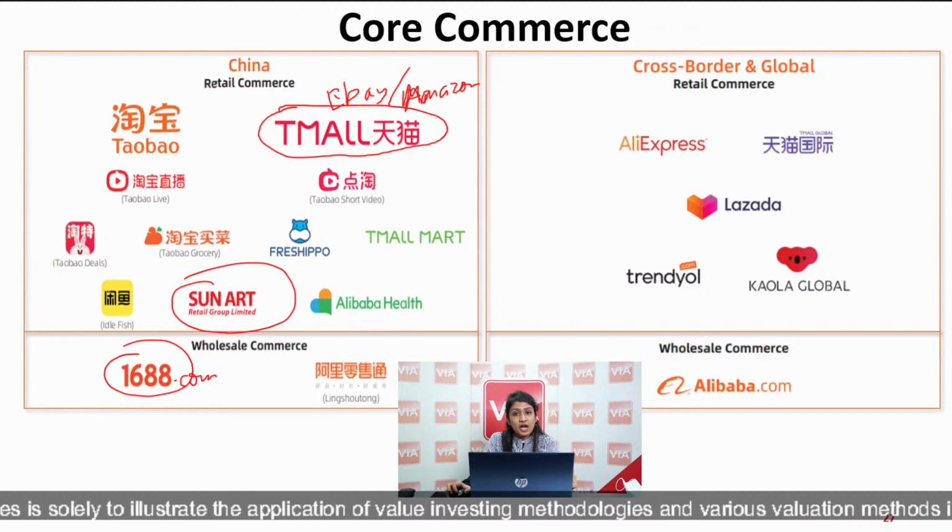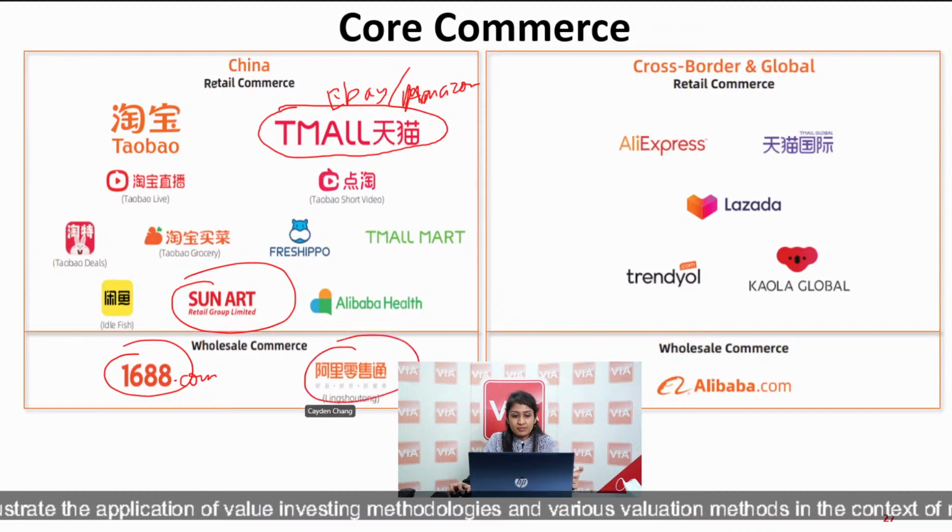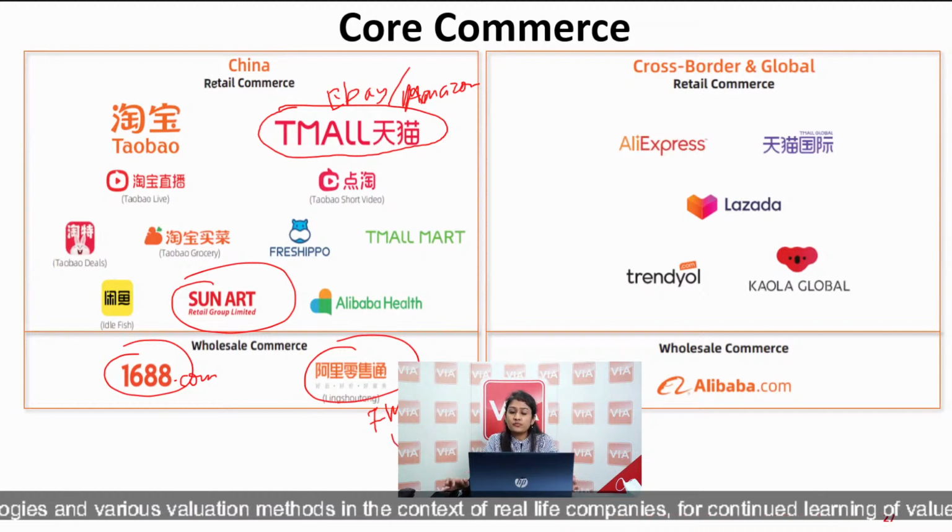Then we have Ling Xiaotong, which connects FMCG manufacturers and their distributors directly to small retailers in China by digitalization of the small retailers' operations. And this has majorly helped small retailers in remaining relevant in competition to the big box retail. And this is also another field where Alibaba is helping in inclusion of the masses.